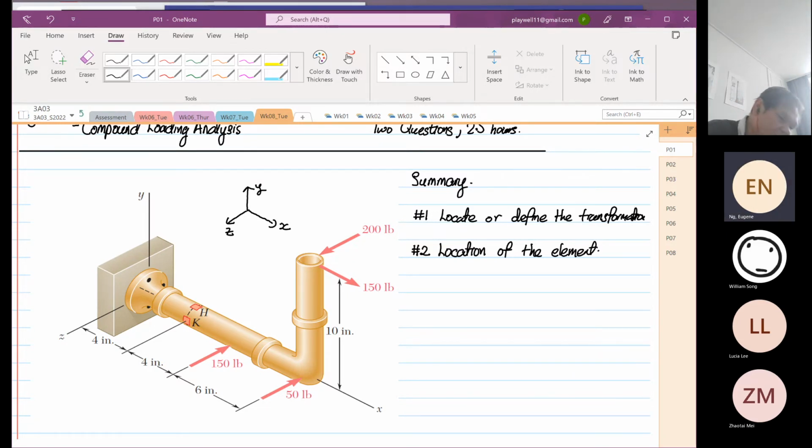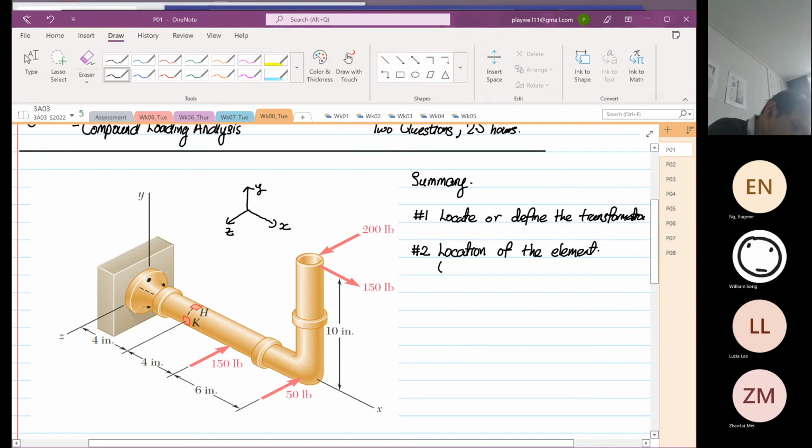Okay, so you have to identify the positions. Remember, I spell with an S, where maximum stress will occur.